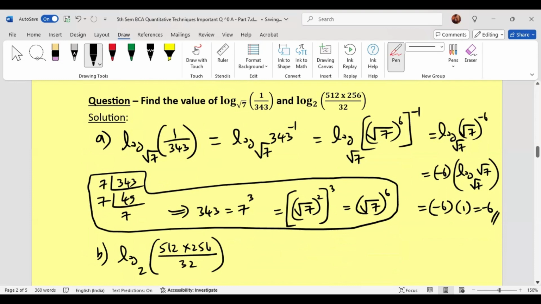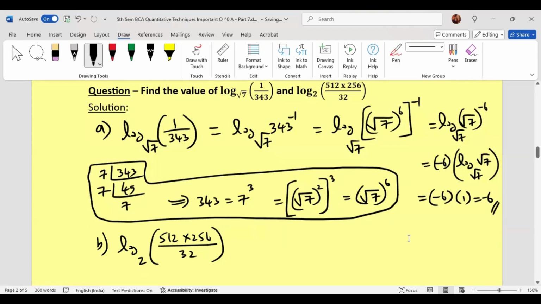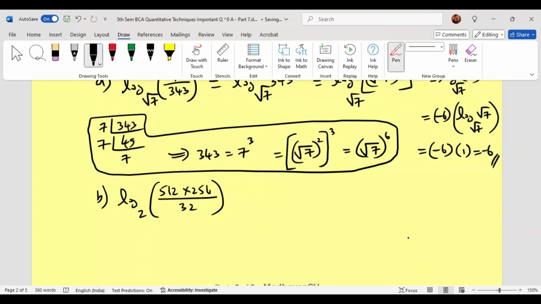So now we will factorize 512: it becomes 256, then by 2 we get 128, again by 2 we get 64, by 2 we get 32. I think we can stop because there is a denominator 32. So 512 can be written as 2 power 4 into 32.